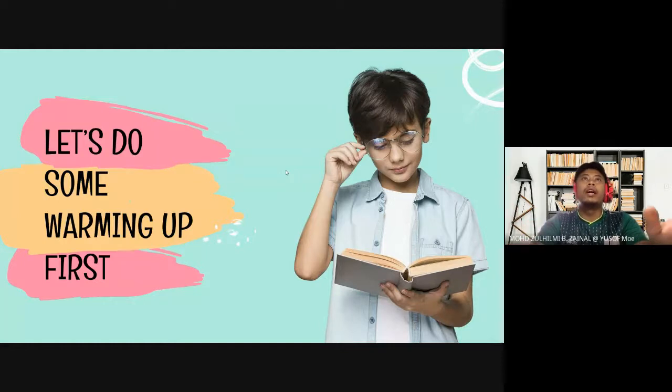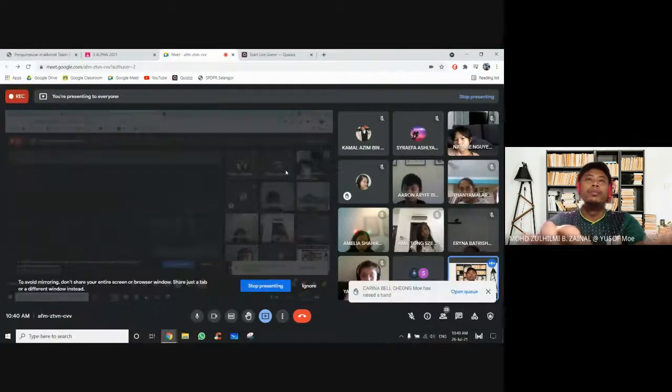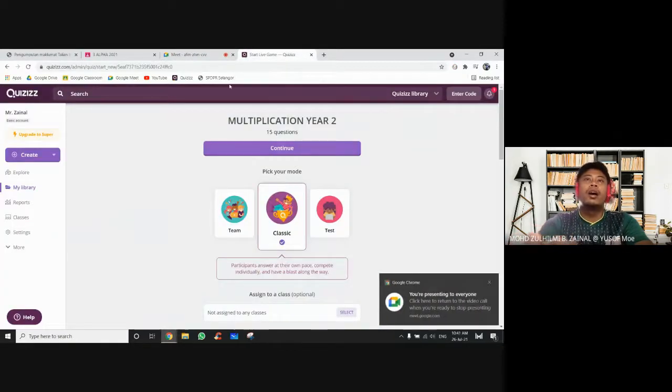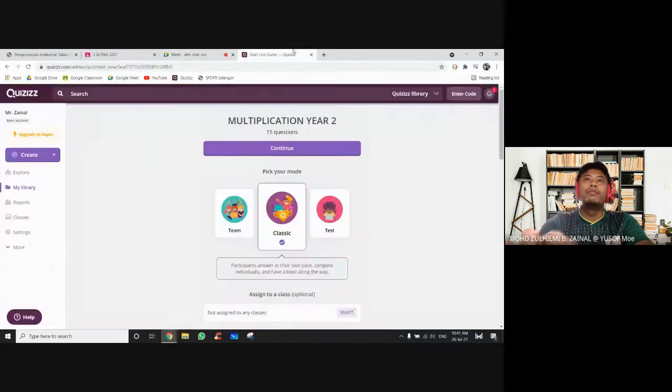Warming up ni kita akan buat a simple multiplication to see how is your multiplication skill lah. Before we learn multiplication of money, let's start a few tests to see how is your multiplication.